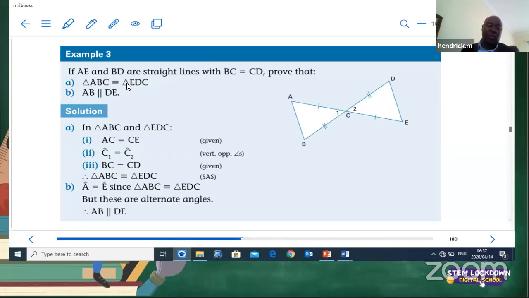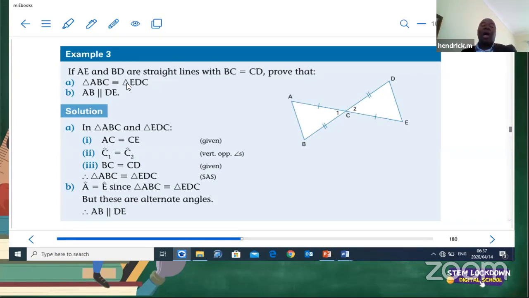That is what we need to prove. But at the same time, we also need to prove that AB is parallel to DE. So remember, parallel lines, those are the two lines which cannot meet.